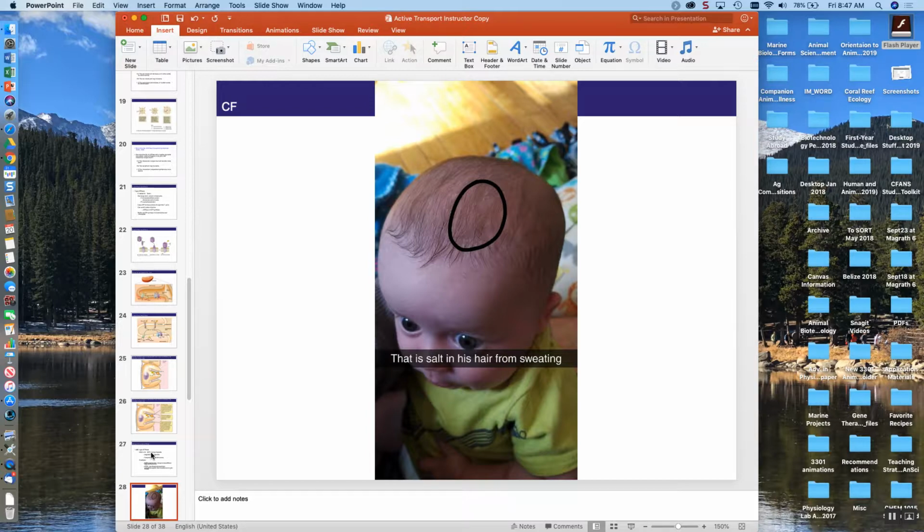Because their pancreas isn't working properly, they have to take enzymes to help digest their food. And that's when they're first diagnosed. But my former student was also talking about salt in his hair. If you blow this up when you get home, I will put this particular slideshow on your website, and that'll include the slides. But if you blow this up, you'll actually see a lot of salt in his hair.